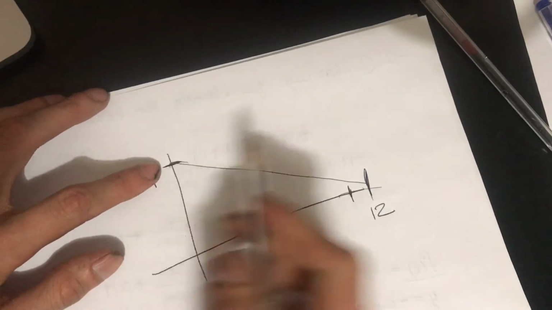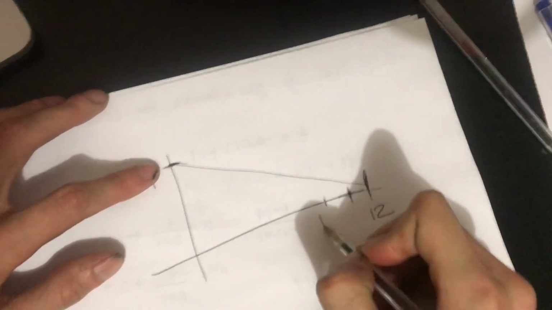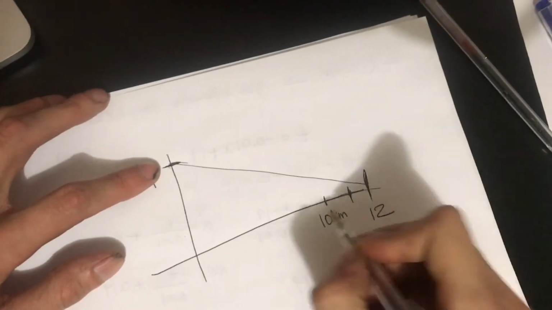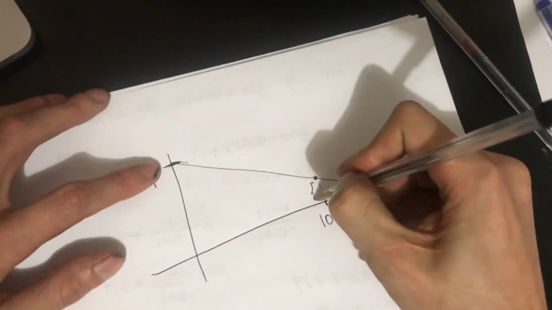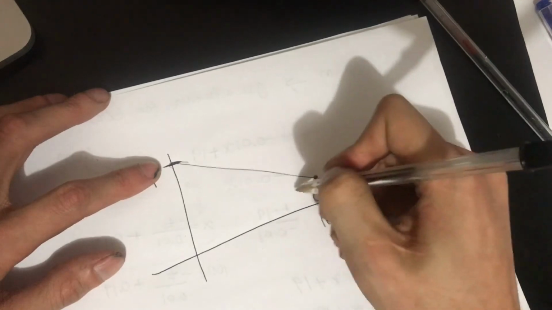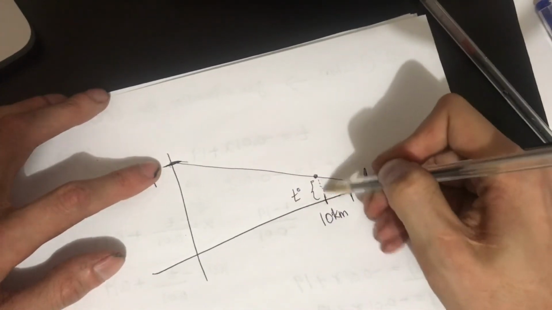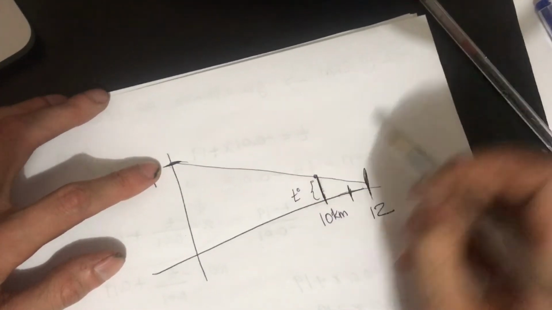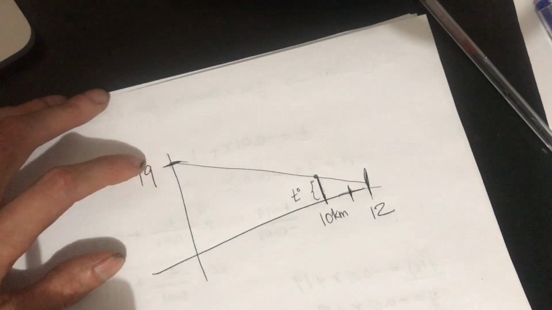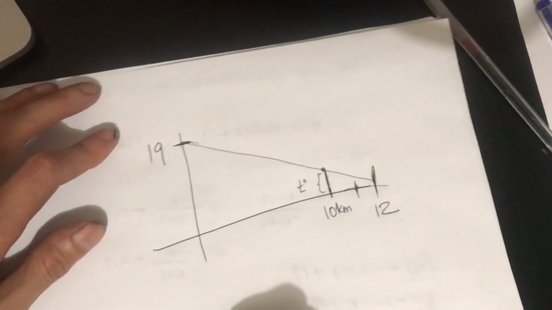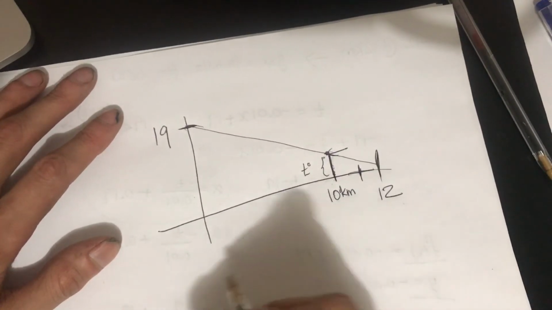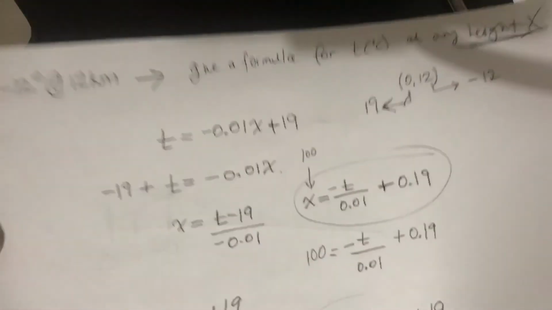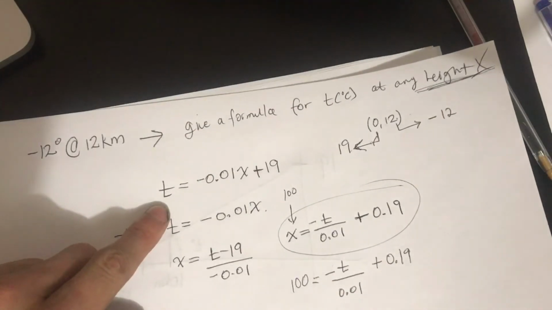So what is the range I can expect when I'm here? I just want to know the distance from here to here, and this is the range in temperature that I can expect to have. Using my formula, I just go back to my original problem, where the temperature is expressed.